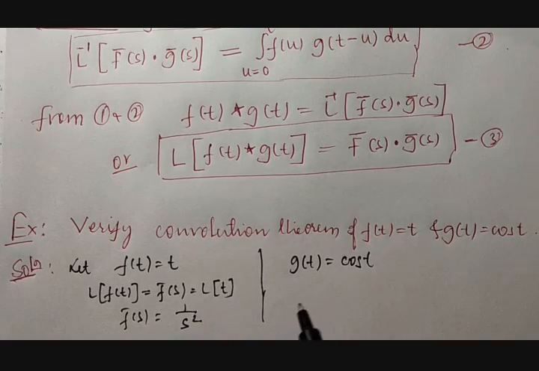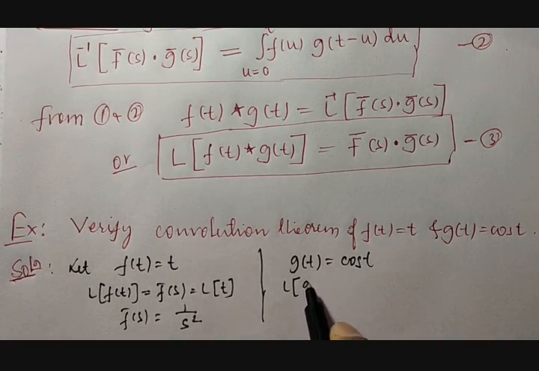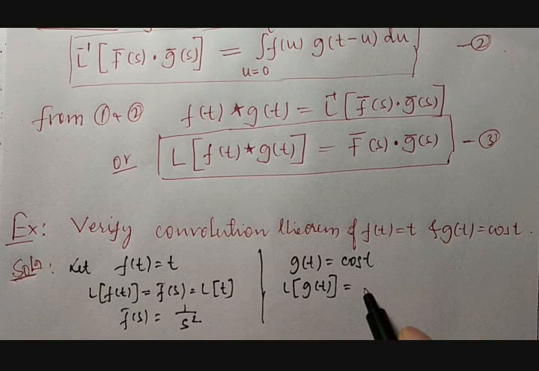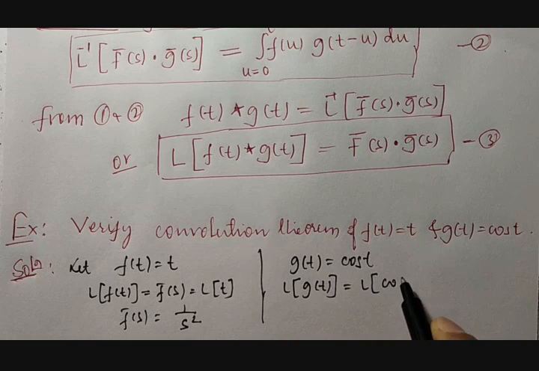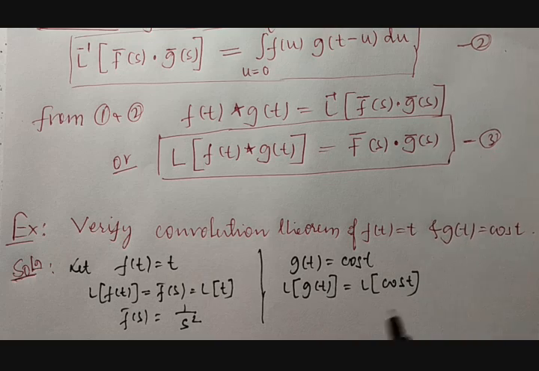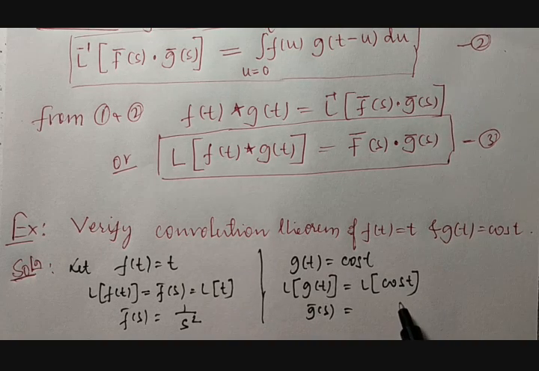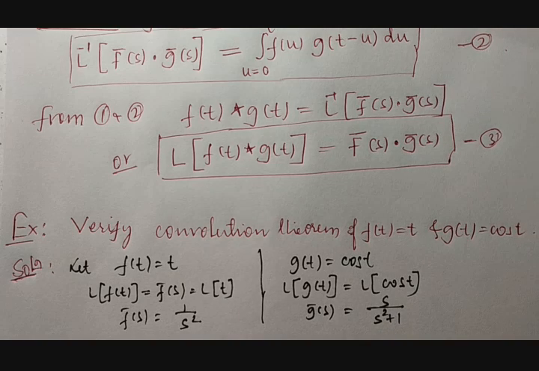Similarly, apply Laplace on both sides: the Laplace transformation of g of t, that is the Laplace transformation of cos t, is nothing but g bar of s, which will be equal to, what is the Laplace transformation of cos t? s divided by s square plus 1.